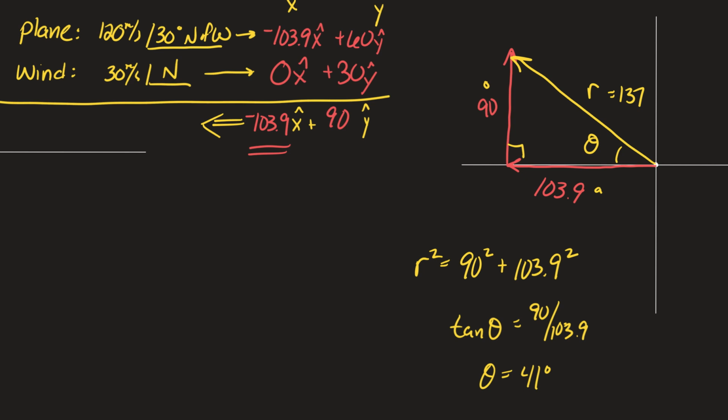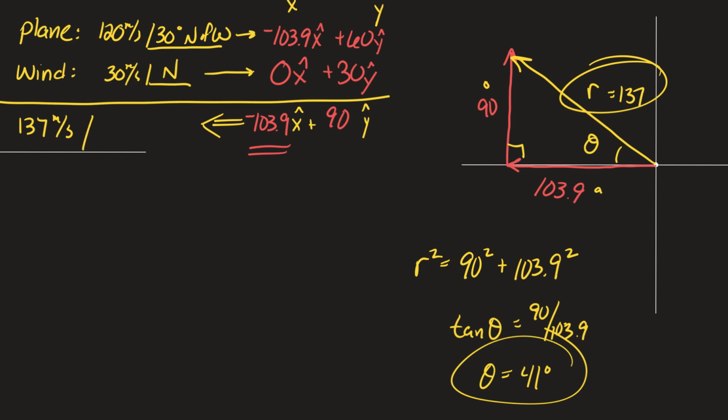So I'm going to bring my answer together. I have the length of my vector, and I have the angle of my vector, and I know which quadrant it's in. So I can say that my answer is 137 meters per second at an angle of 41 degrees north of west.